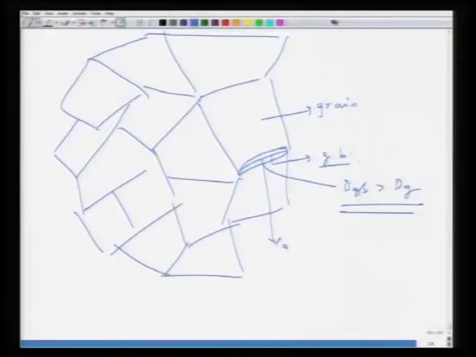So grain boundaries become insulating and the grains become semiconducting, and this gives rise to a behavior in which you have different regions of grain being semiconducting and different regions being insulating, and this can be represented in the form of an electrical circuit which can be understood, and then you can study various electrical parameters.